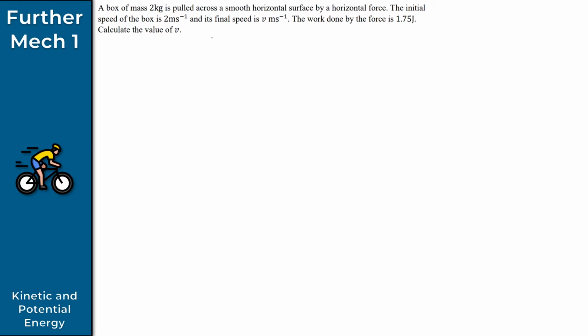So to get us started here, we're going to use the fact that work done is equal to a half mv squared minus a half mu squared. Okay, so the work done here is 1.75.